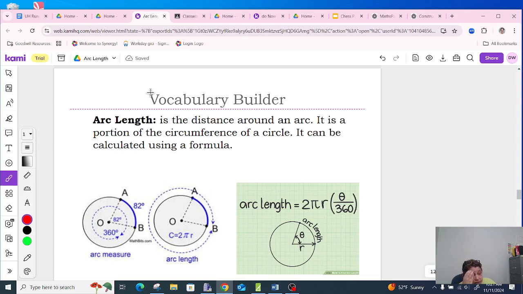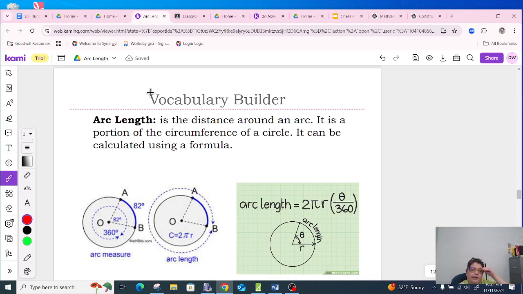So now we're going to talk about arc length. We'll probably do inscribed angles tomorrow. Arc length is a formula. An arc length would be like the actual measure. So if you were to take a piece of string and wrap it around, find the actual length of that arc. So like a piece of string then stretched out to lay it flat.